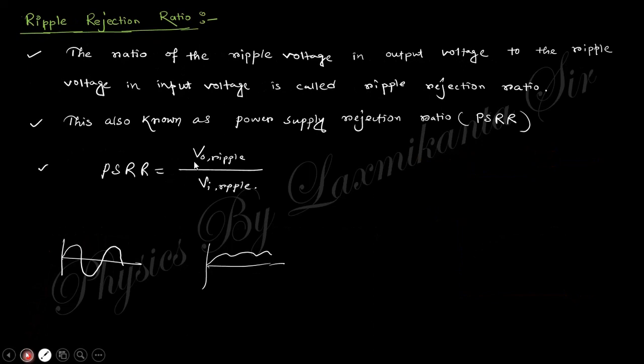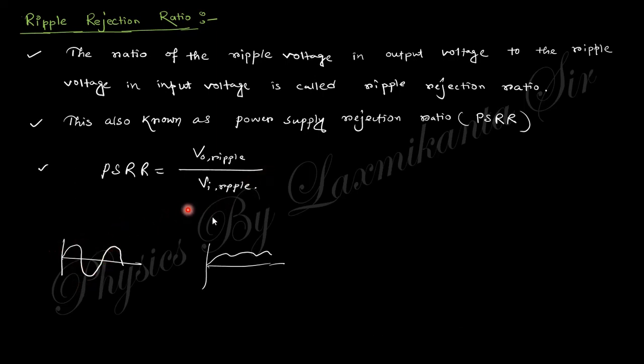Next one is the ripple rejection ratio. This is the part where we also measure how the regulation is performed. This rejection is the ratio of two things, that is the output voltage ripple factor. Ripple factor means the changing part of this voltage. This is the constant part and this will be the changing part. So this is called the ripple part of the output voltage, and the ripple part of the input voltage.